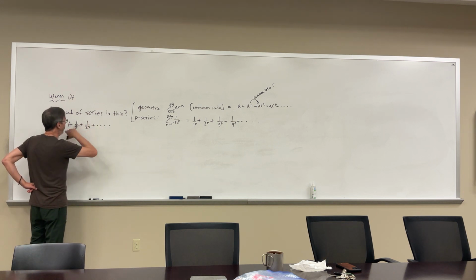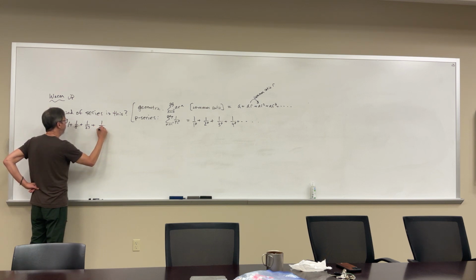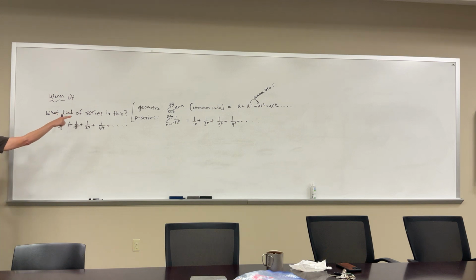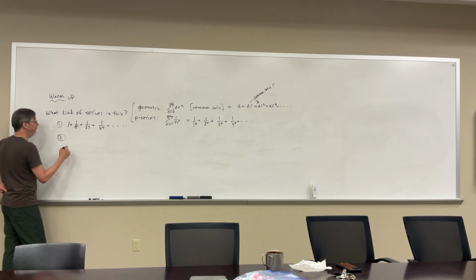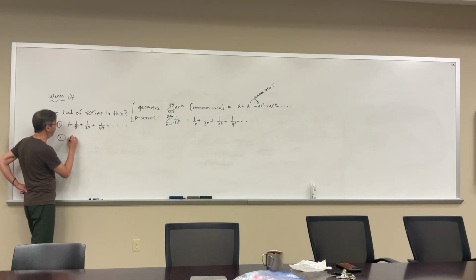And you could assume that whatever rhythm you maybe observe at the beginning, well, we'll do one more to make sure it's pretty clear. If you think it's a geometric series, what's the R? If you think it's a P series, what's the P? If you think it's neither, you don't have to find either of those things. You just have to convince me, or first yourself, that it is neither of those things.